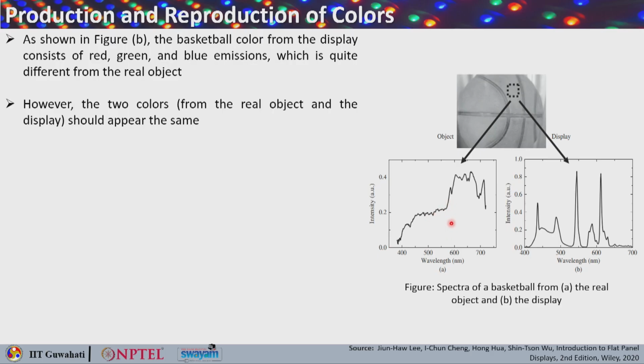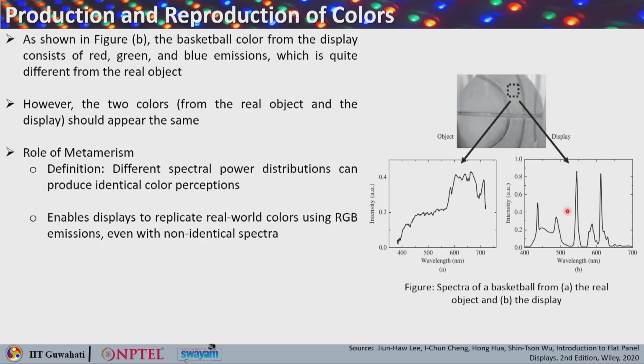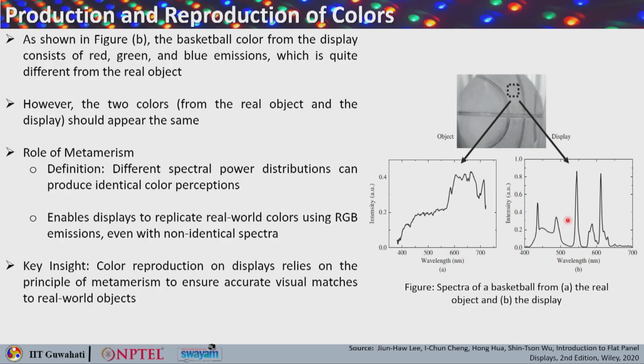However, the two colors from the real object and the display should appear the same. So, this is where the role of metamerism comes into the picture. Metamerism tells you that different spectral power distributions can still produce identical color perceptions. Okay. So, this enables the displays to replicate the real world colors using RGB emissions, even though they have very much non-identical spectra.